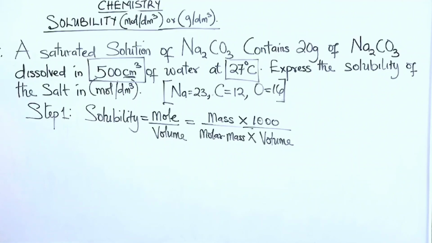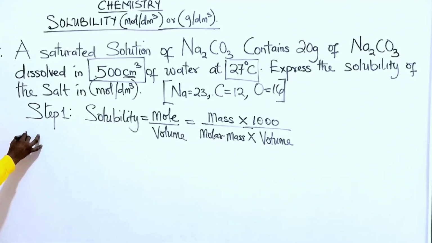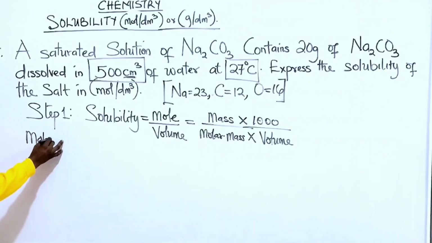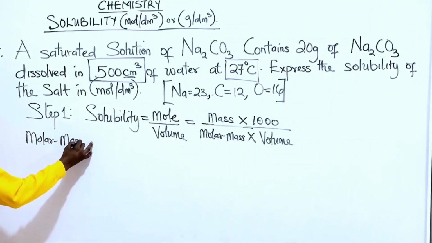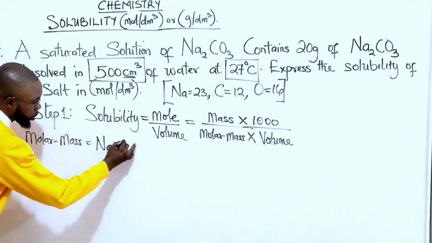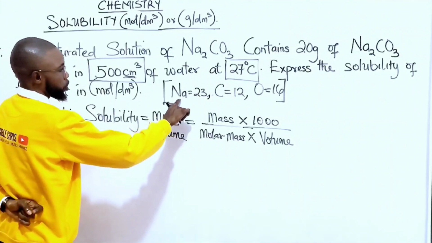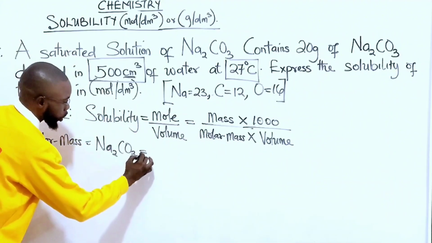Let's look at the molar mass of the salt, Na2CO3. Sodium is 23, and we add their atomic masses.